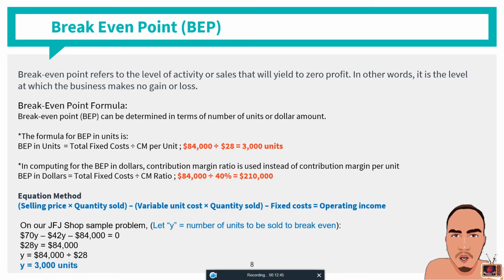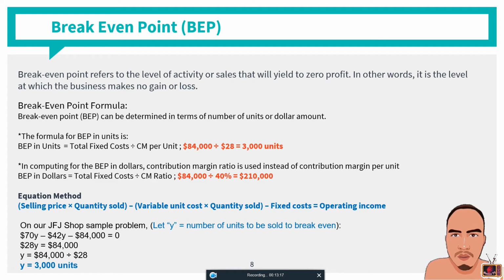Well, let's first define what the break-even point is. Break-even point refers to the level of activities or sales that will yield zero profit. In other words, it is the level at which the business makes no gain or loss. So in layman's terms, whatever your capital is in your business, when you sell your products, your sales equal your capital.